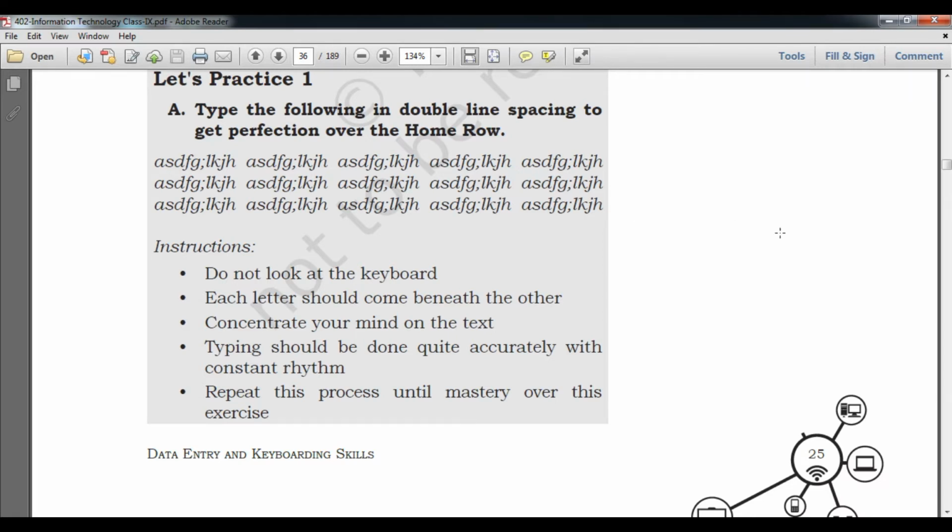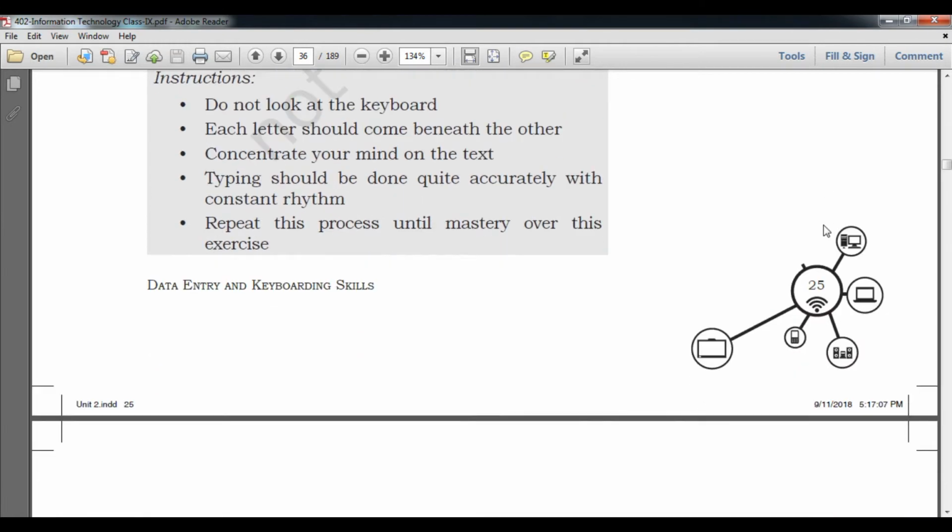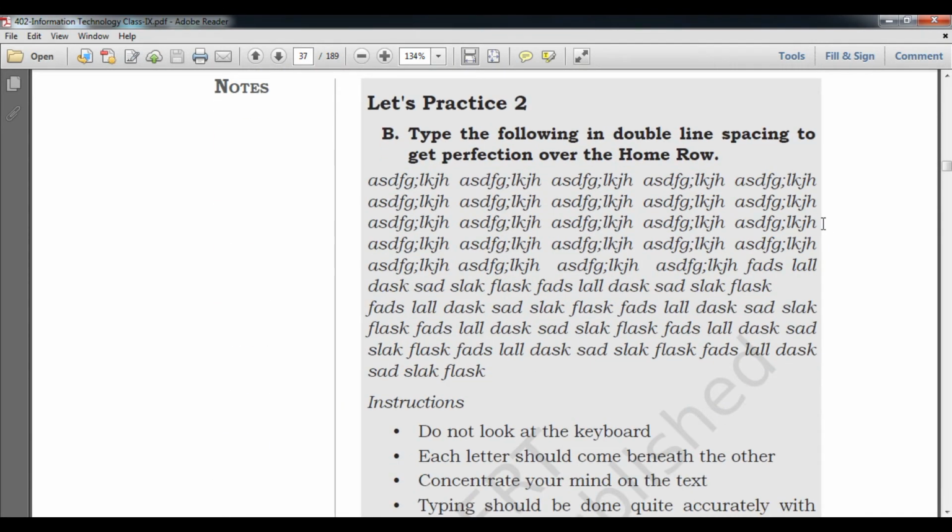Now let's do practice number 2. Same thing, students: type the following in double line spacing to get perfection over the home row. In this practice we are doing the same home row practice, but this time after typing ASDF semicolon LKJH, you will type particular words also, such as DASK, SAD, SLK, FLASK.